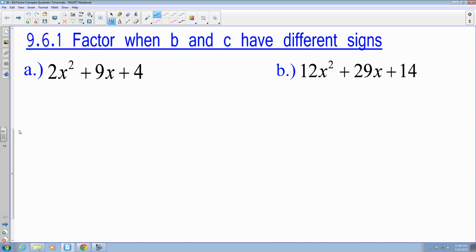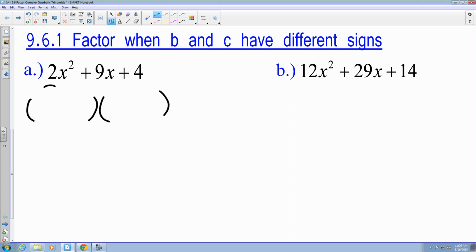So if I have example A, I've got 2x squared plus 9x plus 4. Now we have a coefficient other than 1 right here, so that's where we get the 2. Again, we're still doing the same thing: parentheses, parentheses. This one isn't so bad because 2 happens to be a prime number.